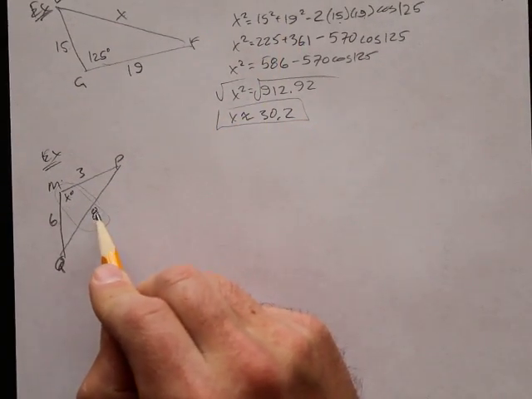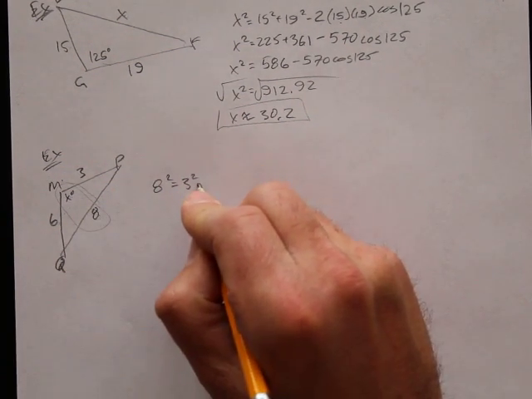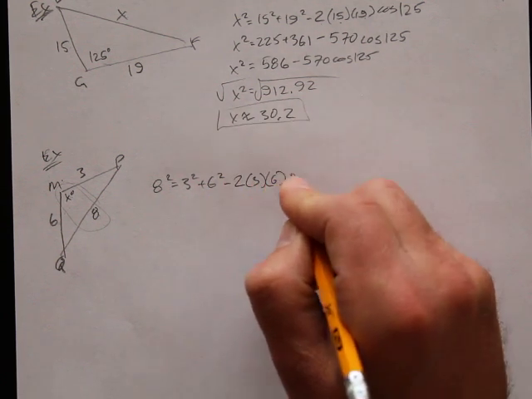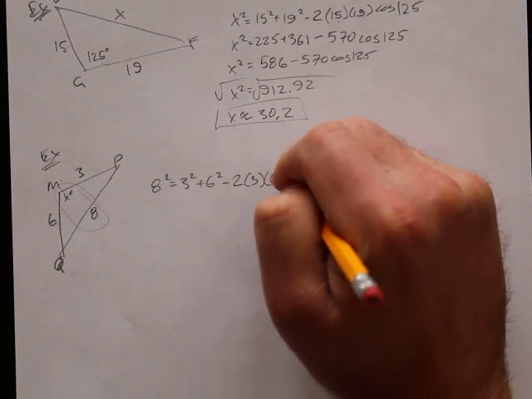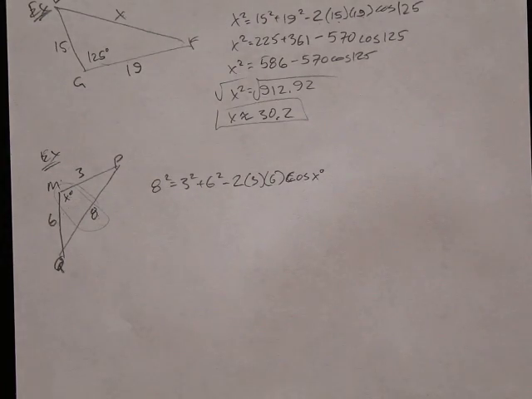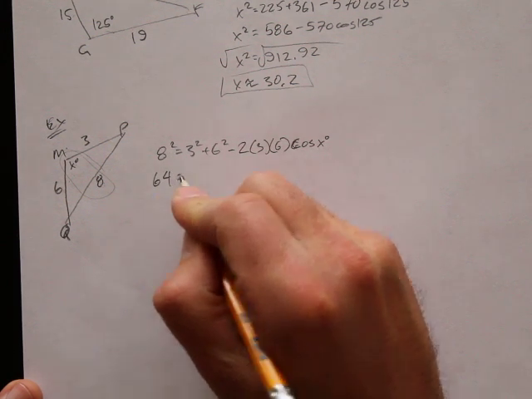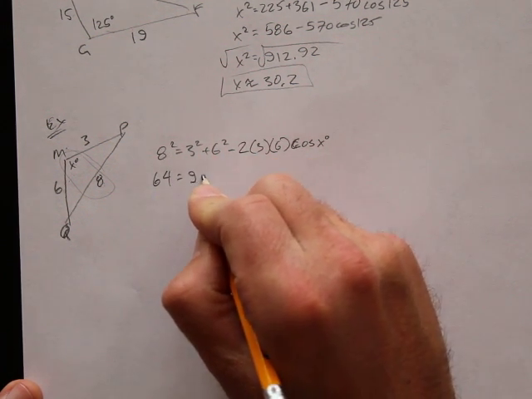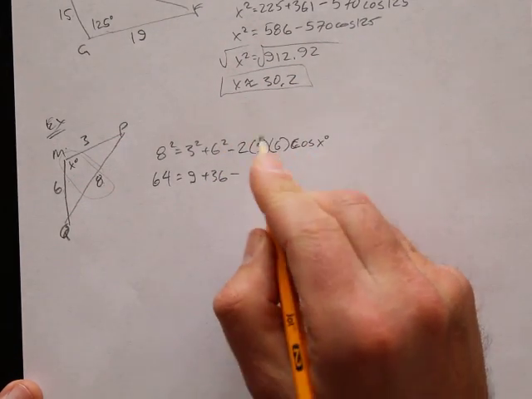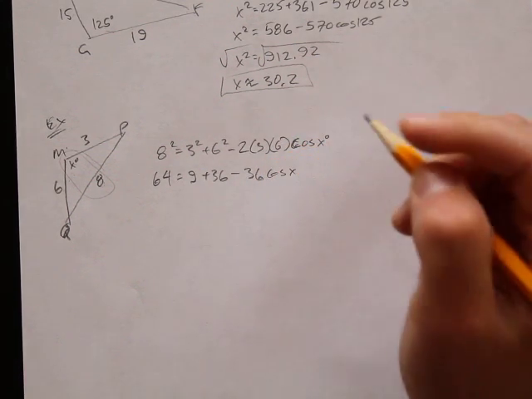So I'm going to say 8 squared equals 3 squared plus 6 squared, minus 2 times 3 times 6 times cosine of x degrees. 8 squared is 64 equals 9 plus 36 minus 2 times 3 is 6 times 6 is 36 cosine x.